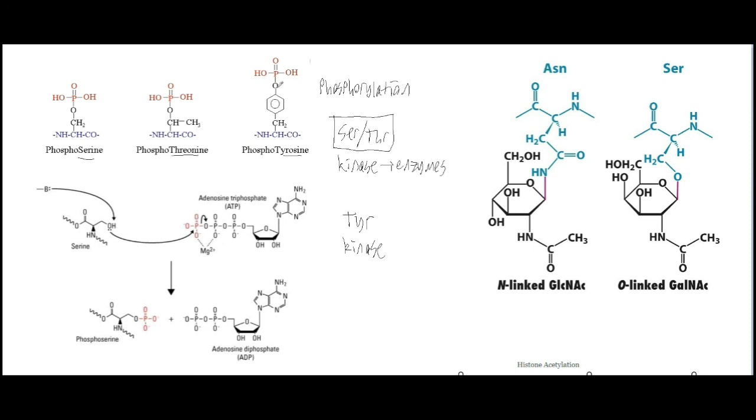So we see here we have our tyrosine with a phosphate on it, our threonine, and our serine with a phosphate on it. And this is just the mechanism by which that happens.